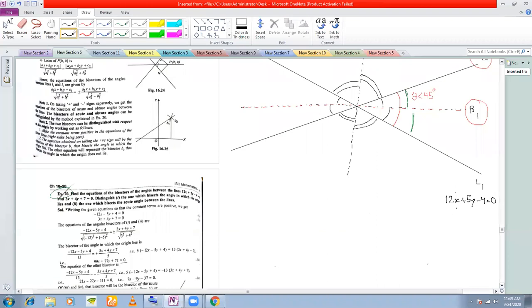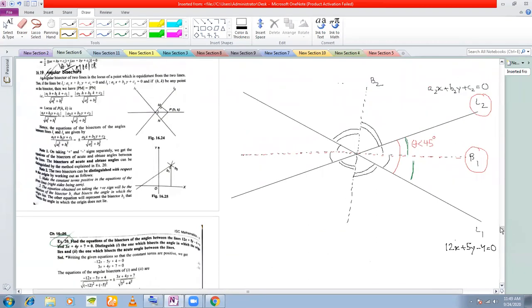And the equation of the other line is given here according to this question. The equation of the other line is 3x plus 4y plus 7 equal to 0. These two are the equations given. We will find out the equation of the bisectors. So we'll write here first.